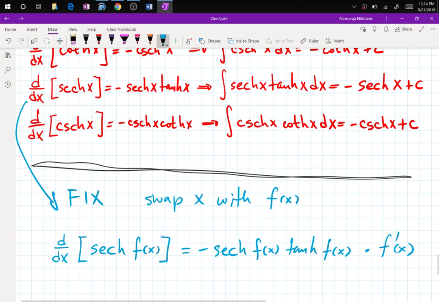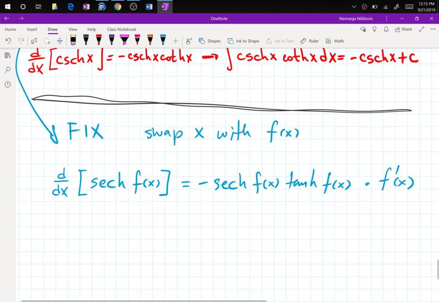So if you don't have x, but you have some function instead of x, anything other than x, we are using the formula where each one of those x's is replaced with the f, obviously, and then you have the chain rule piece at the end.